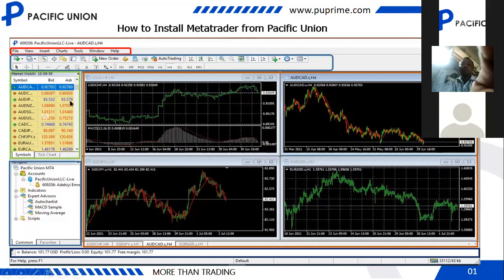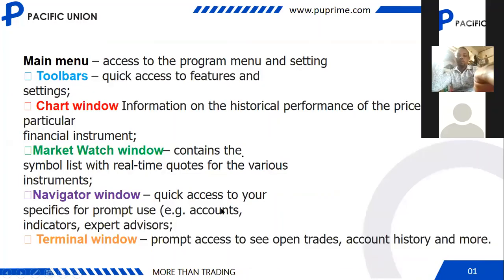If you want to erase any of these from the box so that you don't want them seen on this MetaTrader, that is where you'll be doing that for the toolbars, and also for your chart window, which I earlier said.